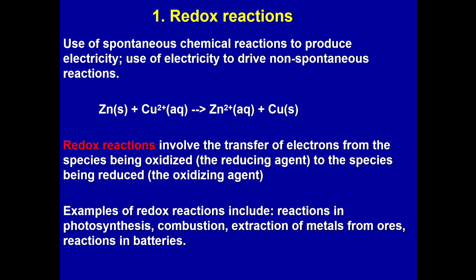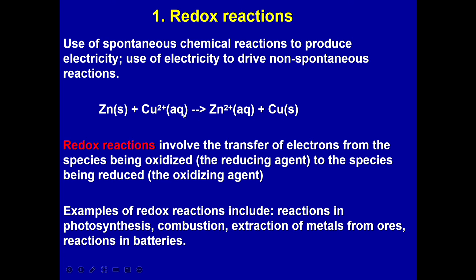For example, in this reaction, zinc reacts with copper, where zinc is 0 and copper is 2 plus. The electrons go from zinc to the copper ion, forming zinc ion and copper element.